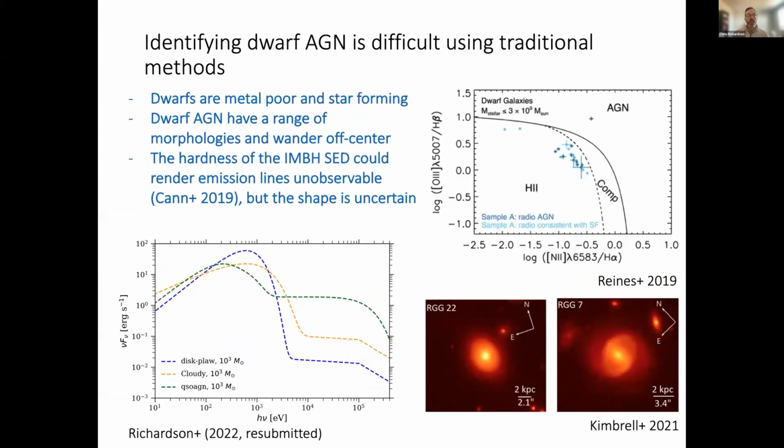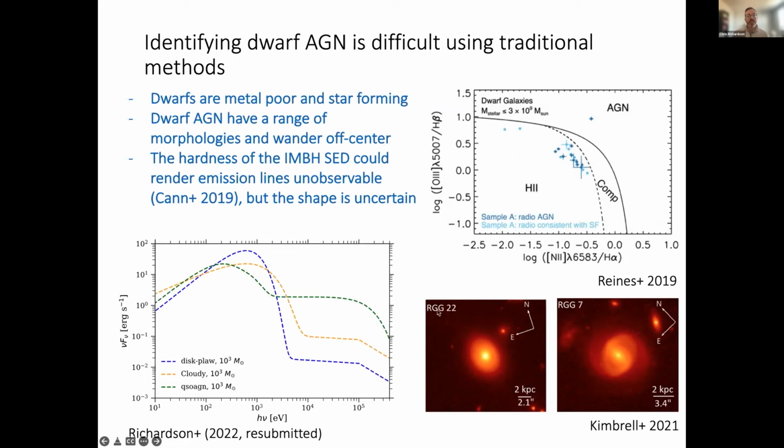But identifying dwarf AGN is difficult using traditional methods, and that just comes down to the very nature of dwarfs. So dwarfs are metal poor and star forming, and you can see from the reines sample that radio confirmed dwarf AGN lie in the star forming wing of the BPT diagram. And if you follow up on those galaxies, you realize they have complex morphology. So they have disc-like structures, spheroidal structure and peculiar ones, and they can also wander around a kiloparsec off center.